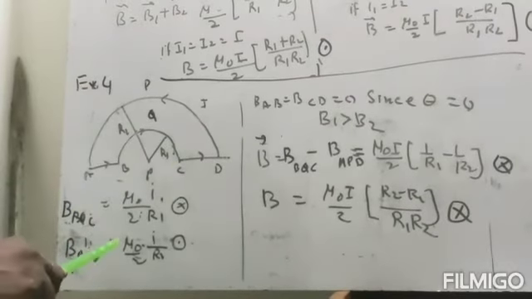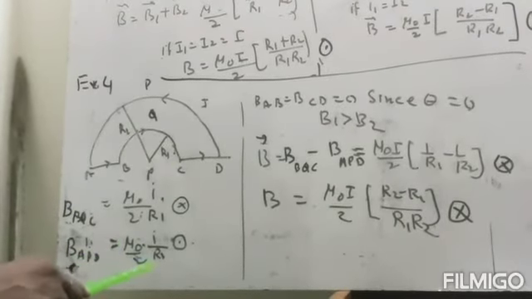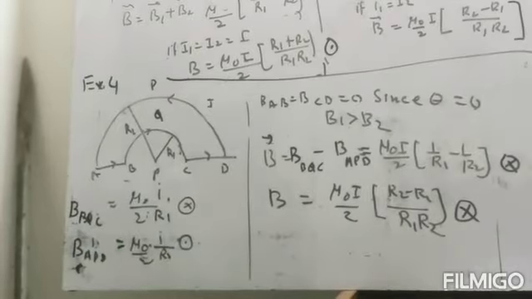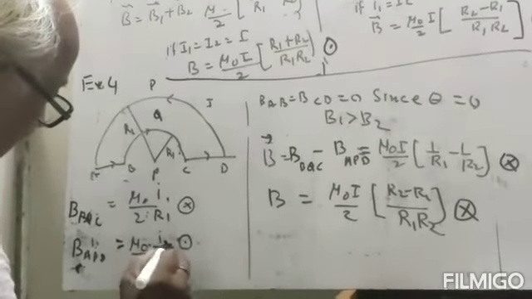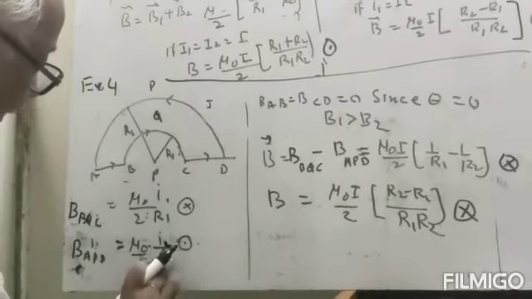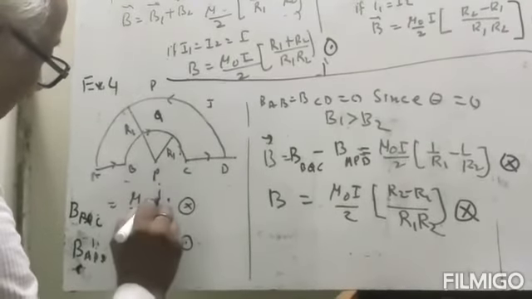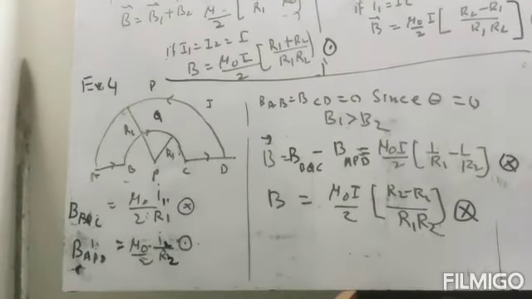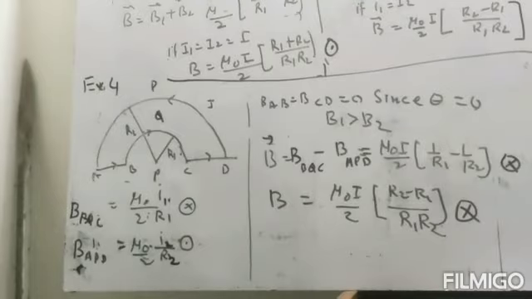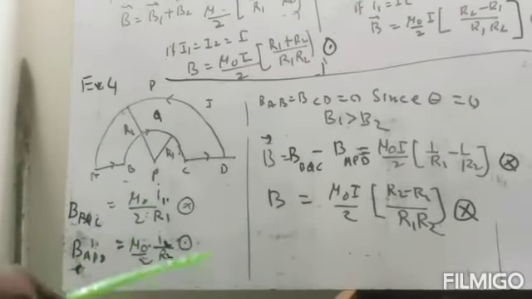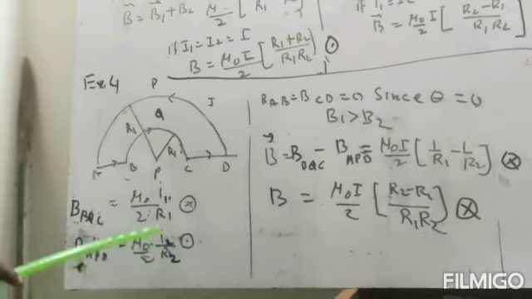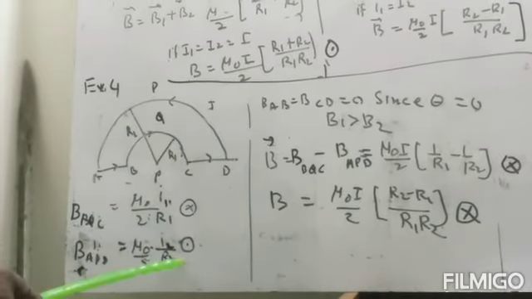So it will be equal to mu0 I2 divided by 2R2. Now here R1 is less than R2, so this factor will be more than this. So the total magnetic field will be equal to the difference of these two.